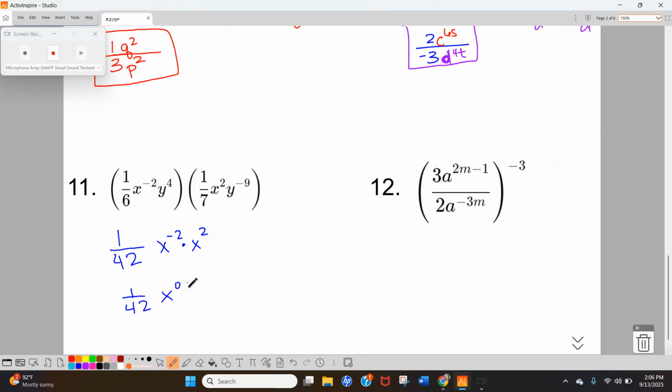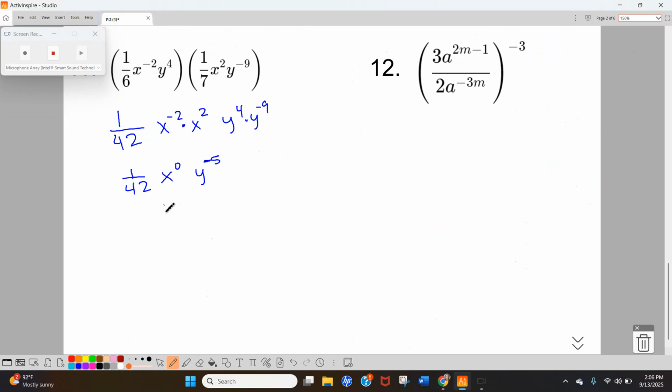And then for the y's, you'll get this. So then if I put all of that together, this is just 1, so that's not there. This y to the -5 needs to be in the denominator. So ultimately, my answer here is 1 over 42 y to the 5th.